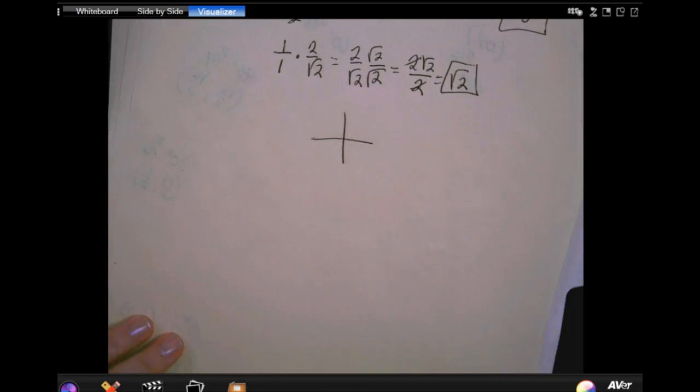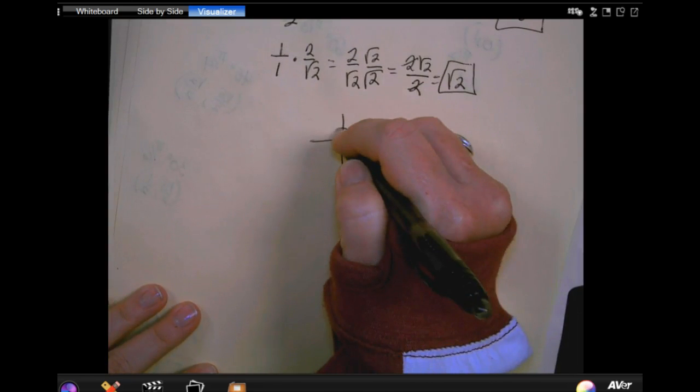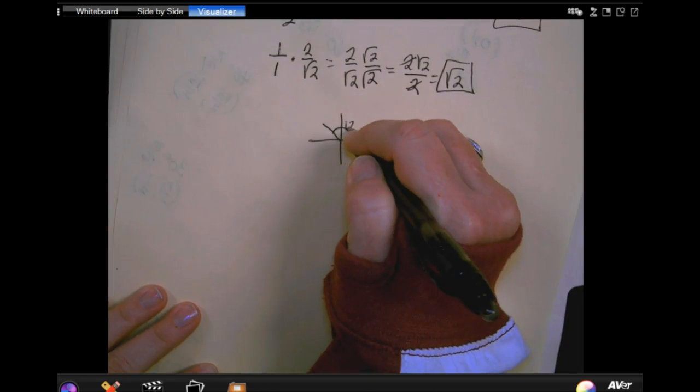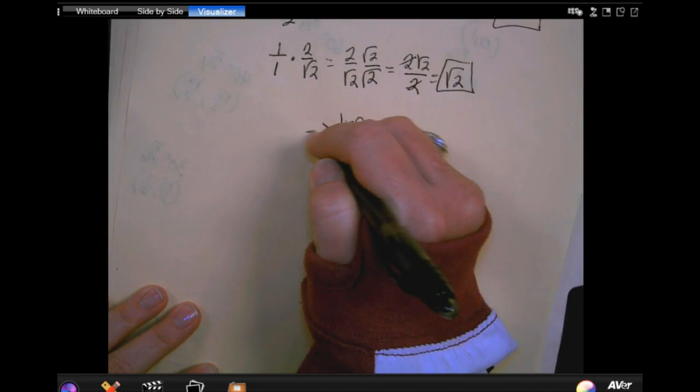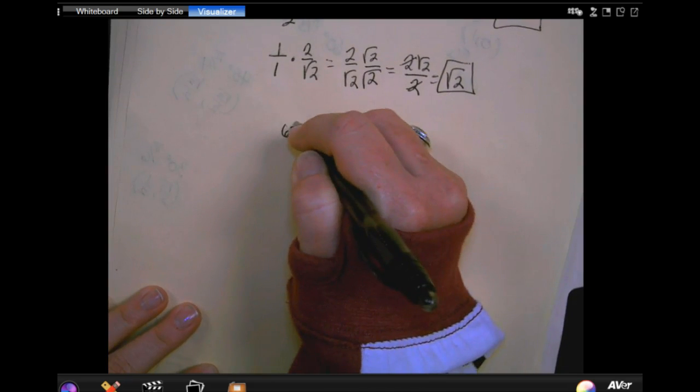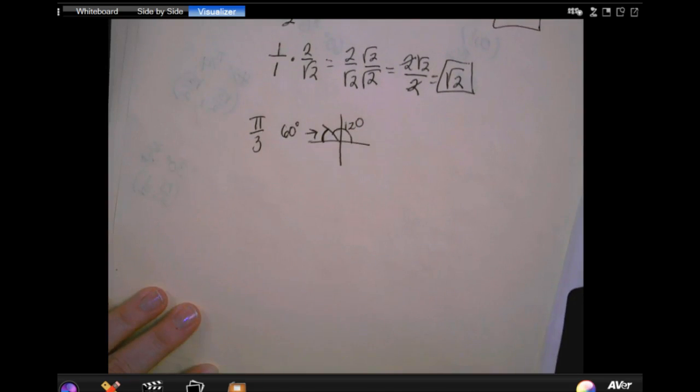So the sine of 120. Somebody asked me, what's the reference angle? So this is 120. The reference angle is right here. What is this reference angle? 60, which is pi over 3. Pi over 3 is at the top.